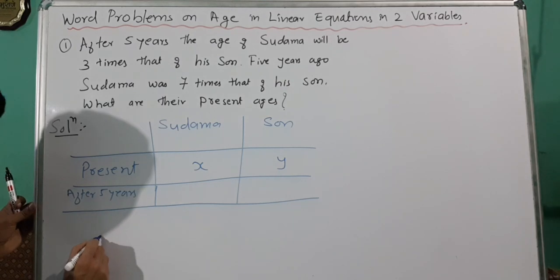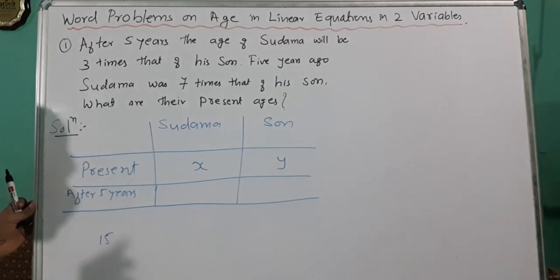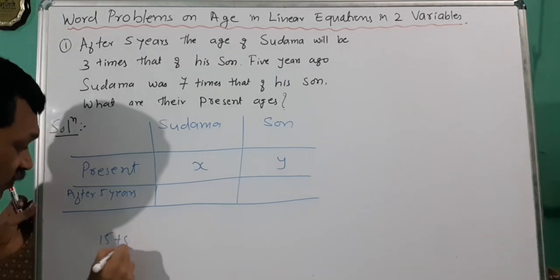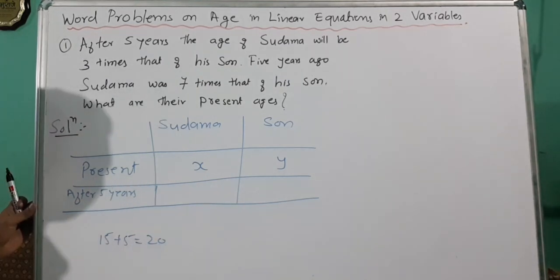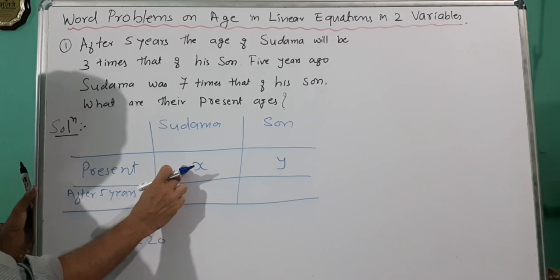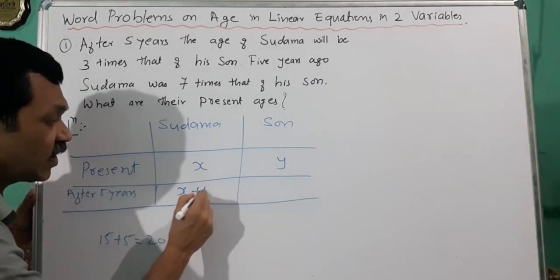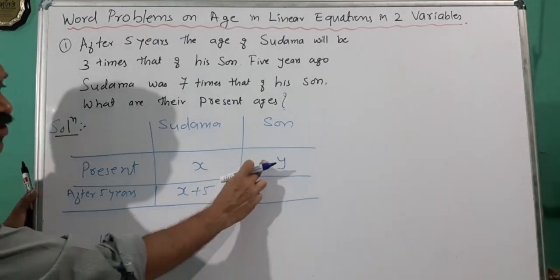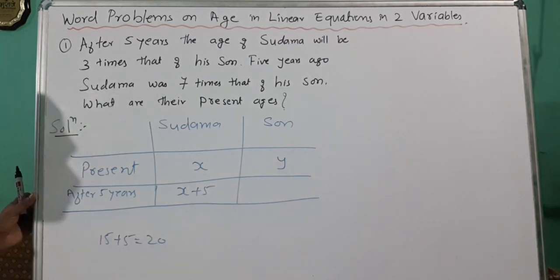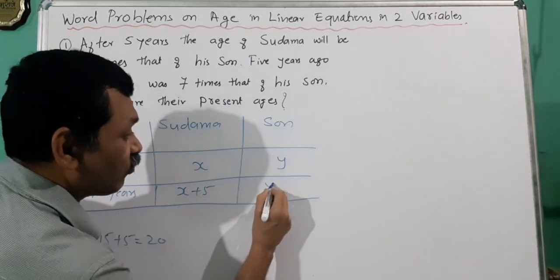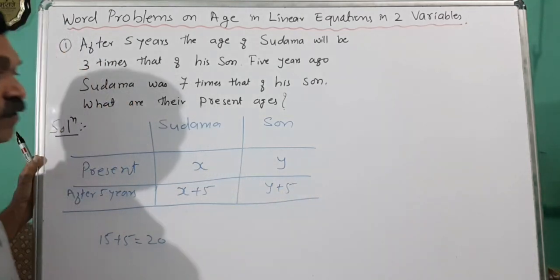If suppose your present age is 15, what will be your age after 5 years? It is 15 plus 5 is equal to 20. Same way, if the present age of Sudama is x, then after 5 years, Sudama will be x plus 5. The present age of son is y, so after 5 years, son will be y plus 5.